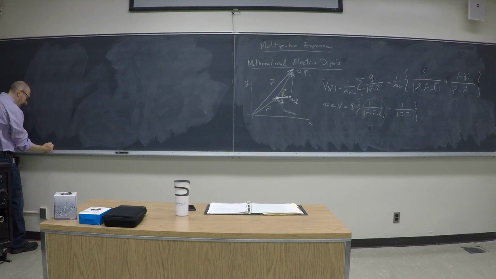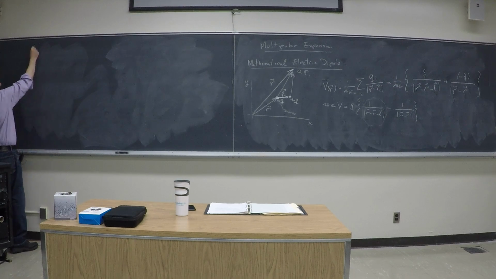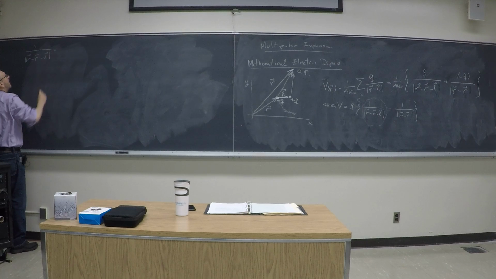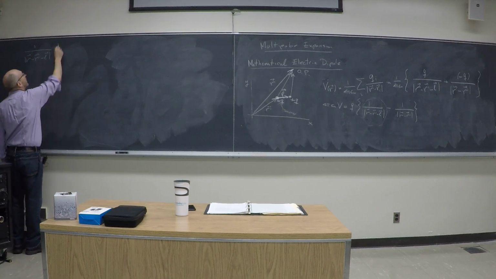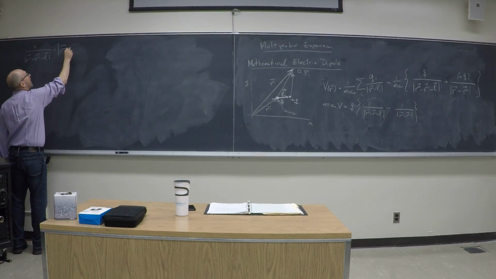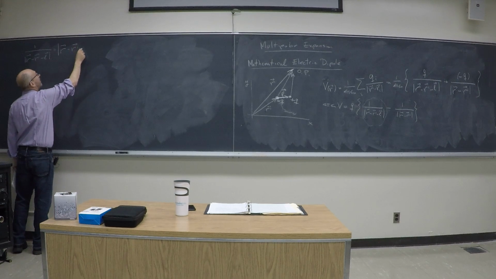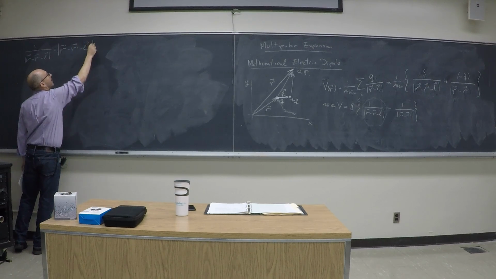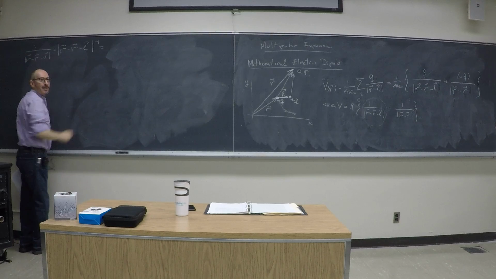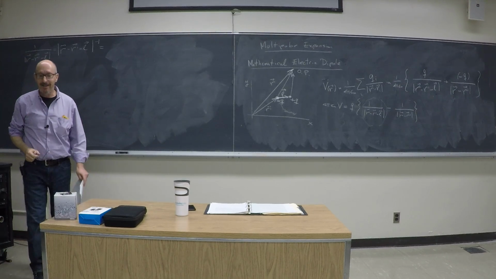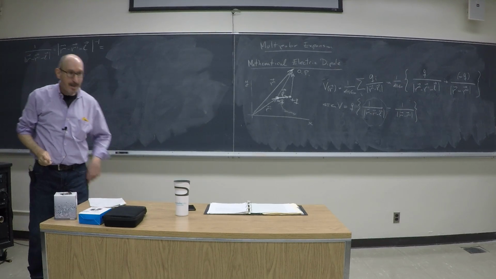Let me work with that thing. 1 divided by the absolute value of r minus r prime minus L is equal to the absolute value of r minus r prime minus L to the minus 1. Okay, fine. So I haven't said anything interesting so far.